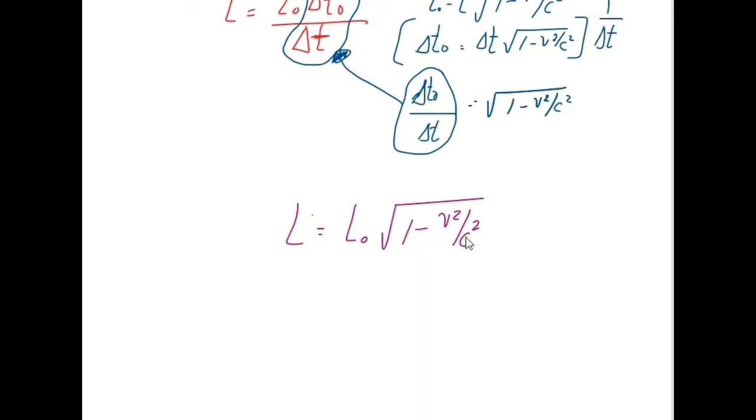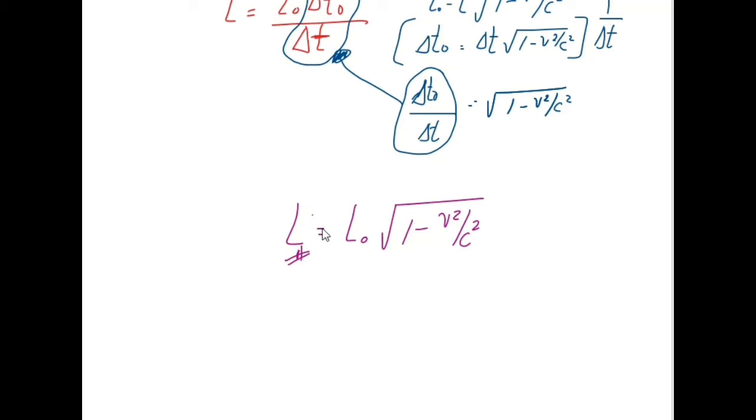The V is always less than the speed of light C, so this expression is always less than 1. If it is less than 1 multiplied by the proper length, that means the length measured by the astronaut is always shorter than the proper length. That is our interpretation for length contraction.